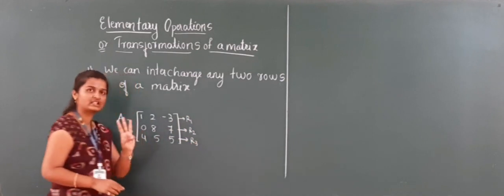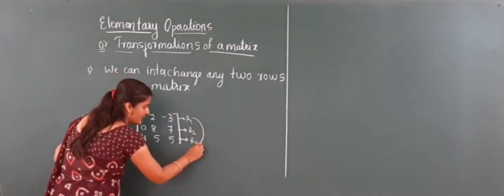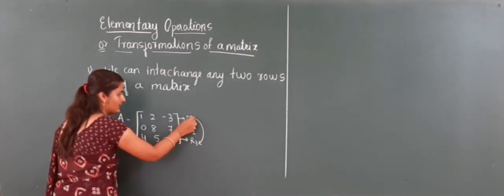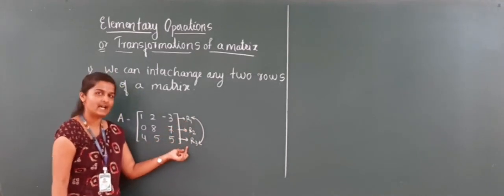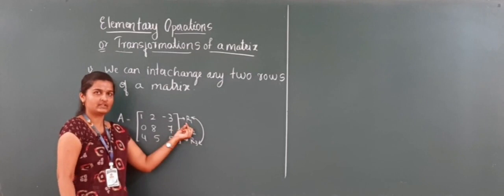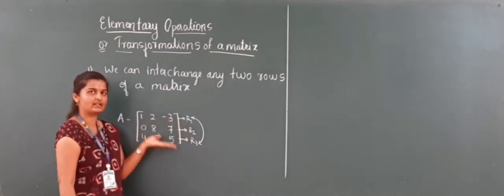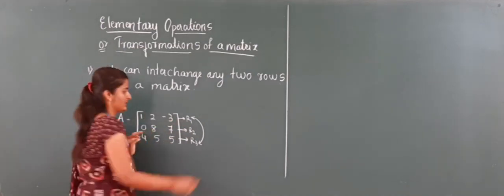In this matrix there are total 3 rows. I will interchange R1 to R3. I will write the R1 row as R3 row and R3 row as R1 row. In place of R1 I will write the R3 row, and in place of R3 I will write the R1 row. What will happen?